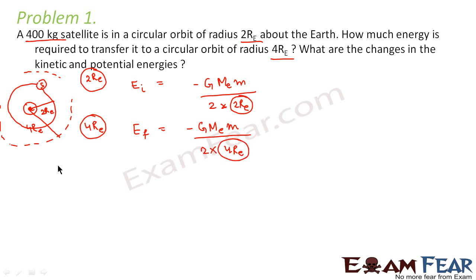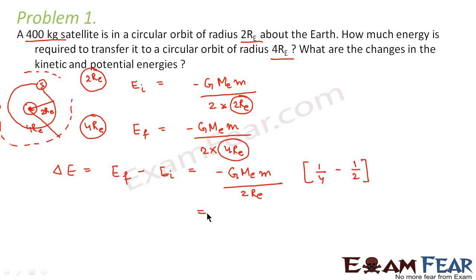Therefore, change in energy delta E would be equal to EF minus EI. So that will be equal to minus G ME into M divided by 2 RE, into 1 by 4 minus 1 by 2. So this comes out to be minus G ME into M divided by 8 RE.